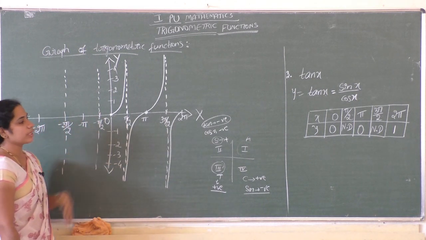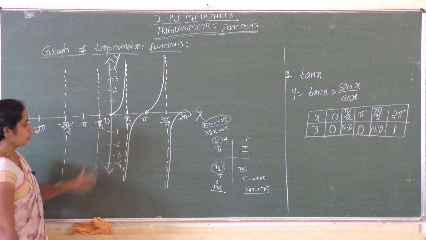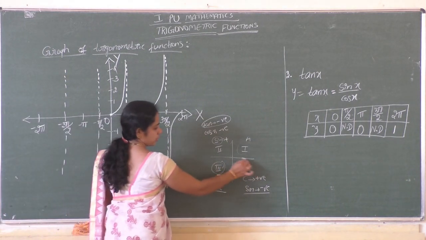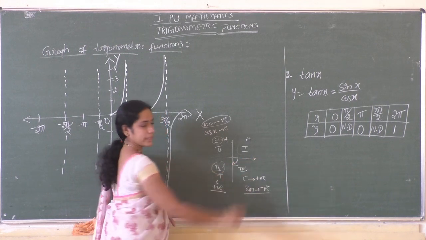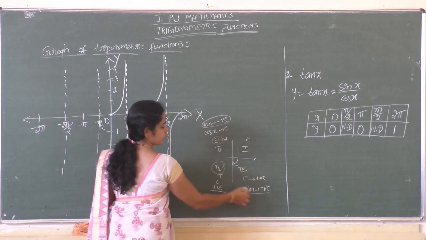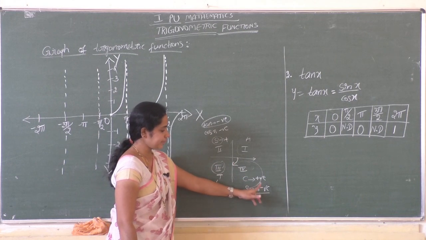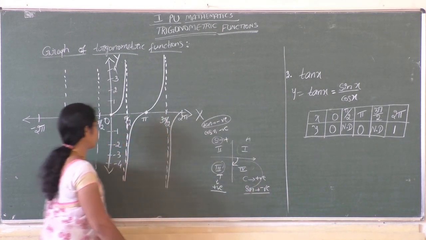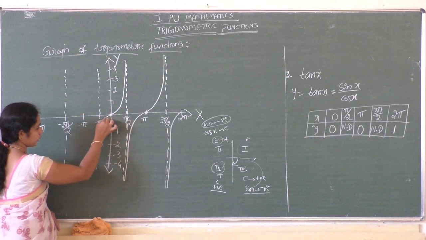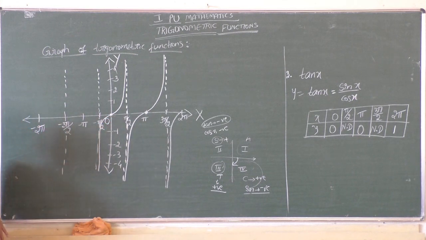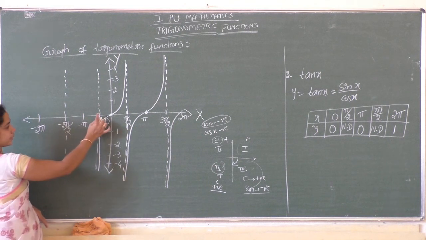For tan minus pi by 2, that means fourth quadrant, correct? Fourth quadrant means tan is negative, so it goes up to minus infinity. All other values go like this.